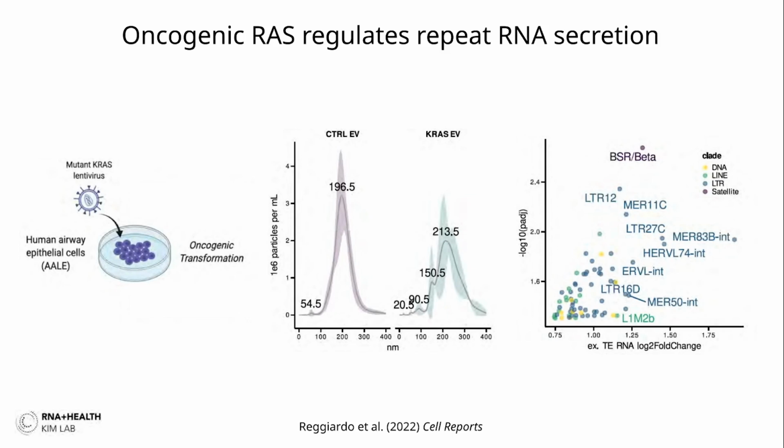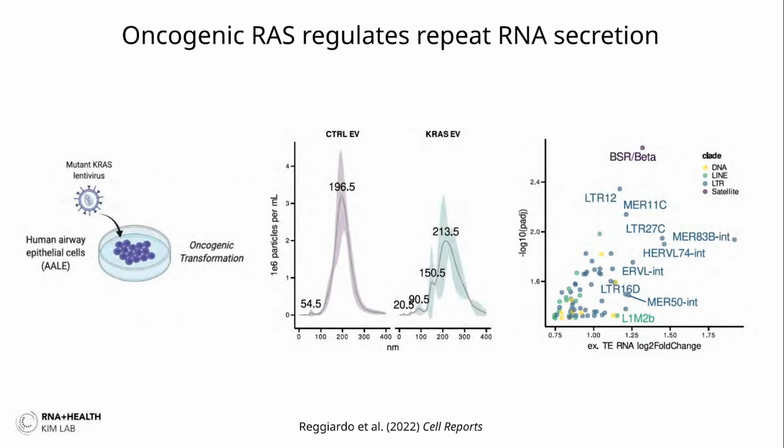The first thing that we saw was that when you look at the extracellular vesicles, or EVs, that are being secreted from these cells, this is a really simple experiment where you just take the cell culture media and you isolate these EVs. We could see, for example, using nanoparticle tracking analysis, that the size distribution of these EVs does change with this mutation in KRAS.